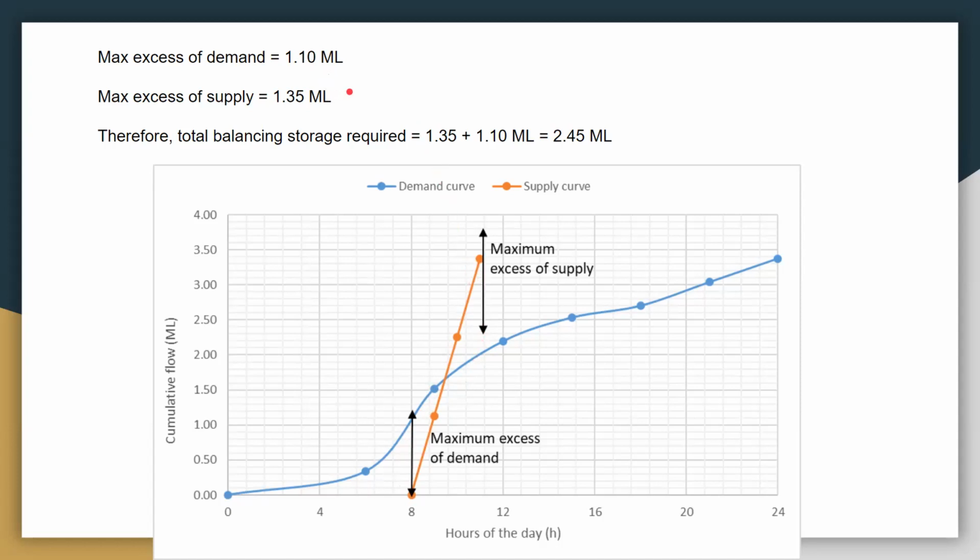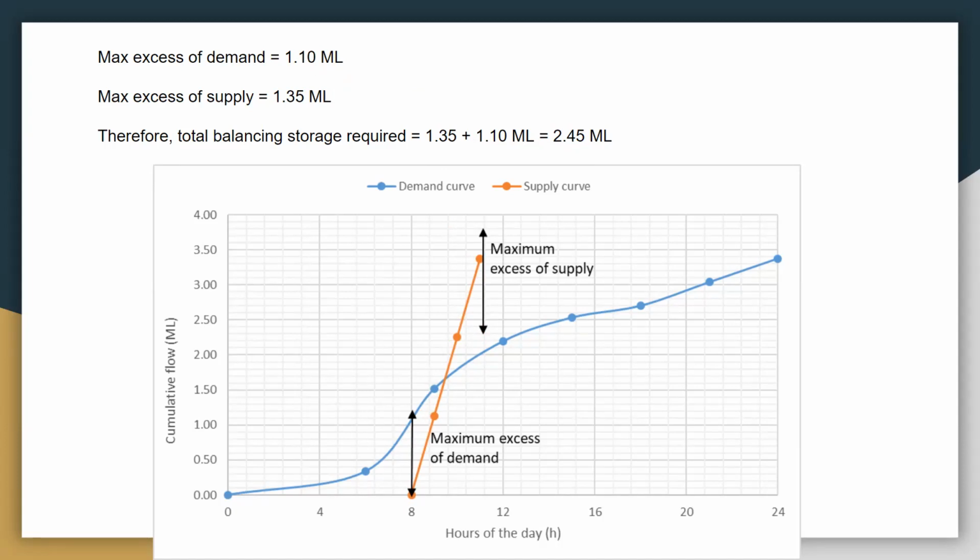Now these two values, after being calculated, are added to get the balancing storage. Like in the hydrograph method, we had plotted the pumping rate, we had plotted the hydrograph, and whatever water is not covered under the pumping line is given as the balancing storage.